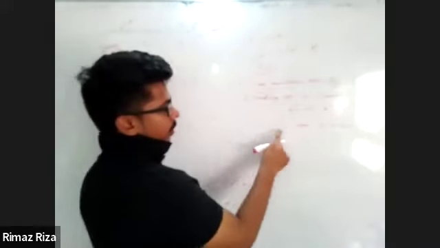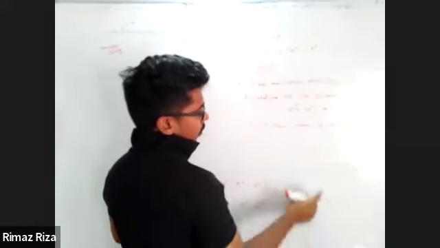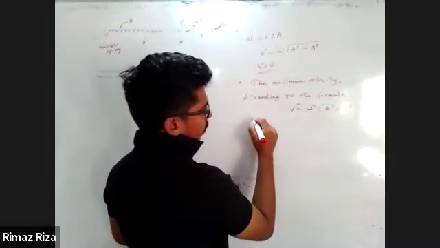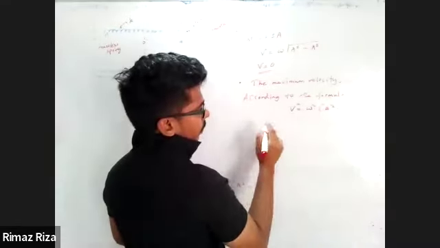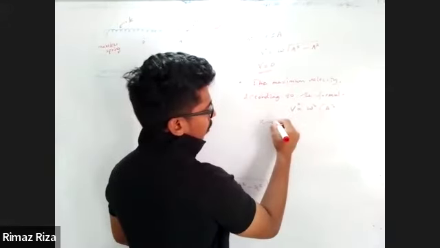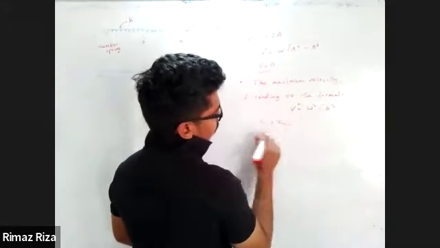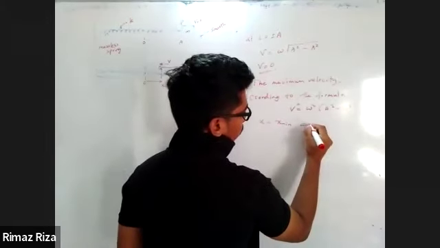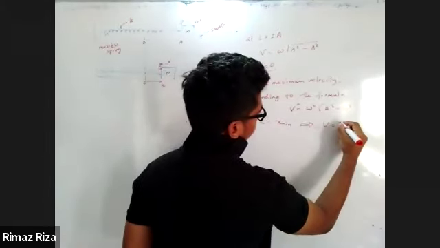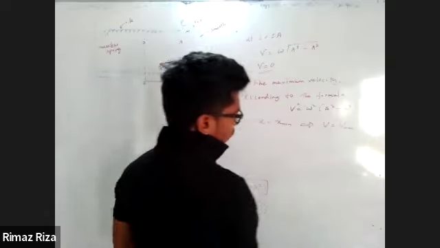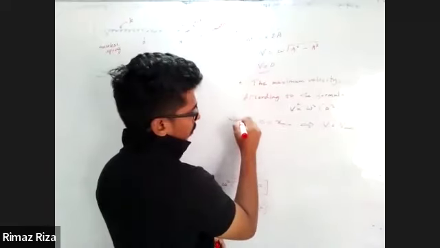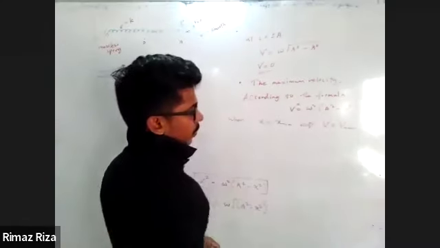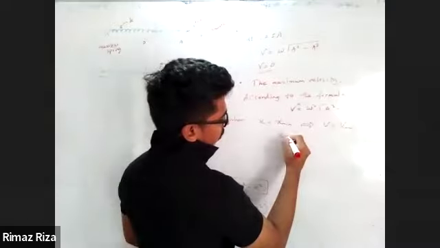When x equals x min, we have v equals v max. When x is minimum, v will be maximum. So we know x min is 0.